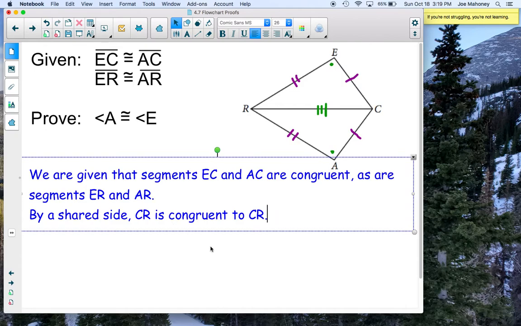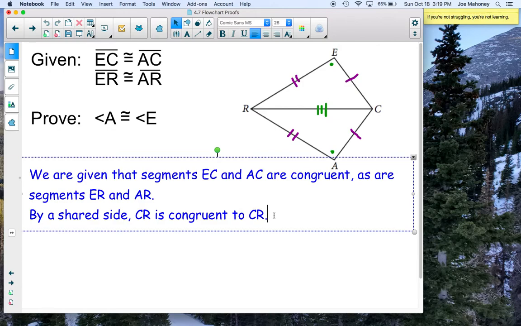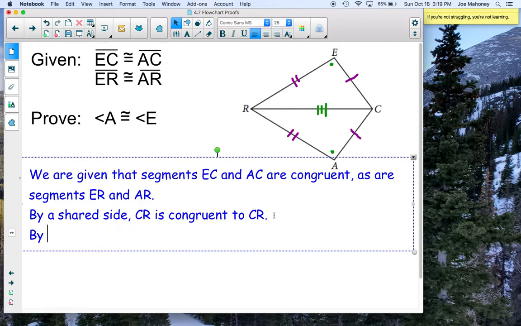So what do I have so far? I have one pair of sides congruent. I have a second pair of sides congruent. I have 3 pairs of sides congruent. I got my 3 pairs of parts congruent. So what I would then say is maybe by side, side, side, I would say maybe the triangle ERC. You know what, I'll try it now. Let's see.